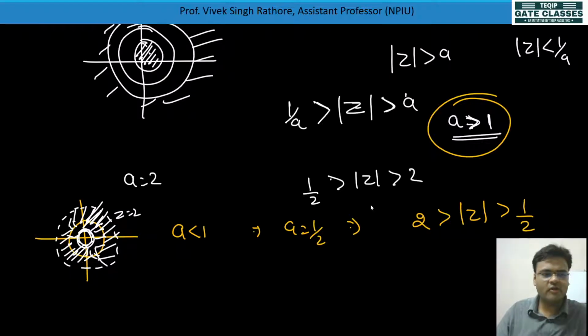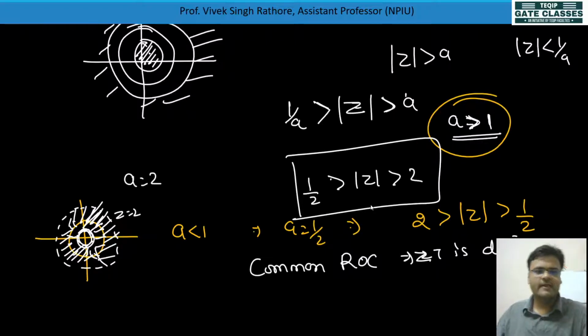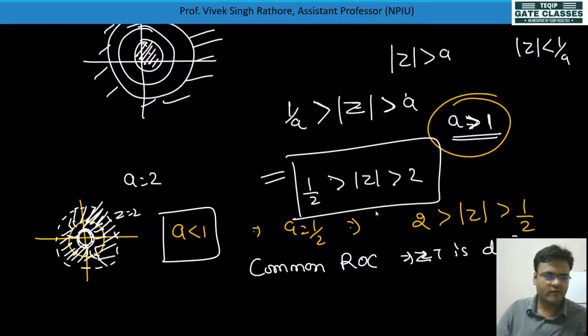So there is a common ROC, and so your z transform is defined. This value can be considered. Sorry, not this value, this value for a less than 1.